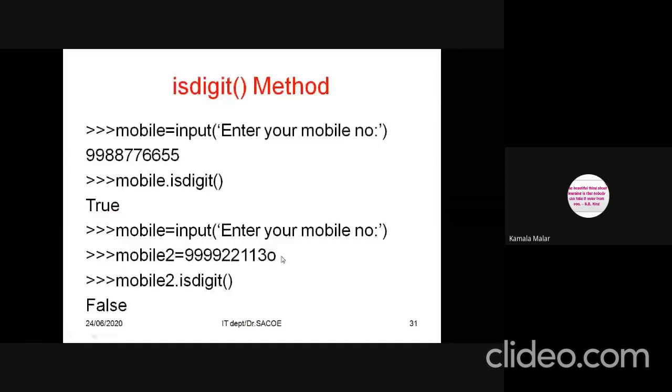In this case all are digits, but in this case I have given the letter O, so it returns false. It checks whether the string is a digit or not. If all are digits it returns true. And isalnum is a mixture of numbers and alphabets.